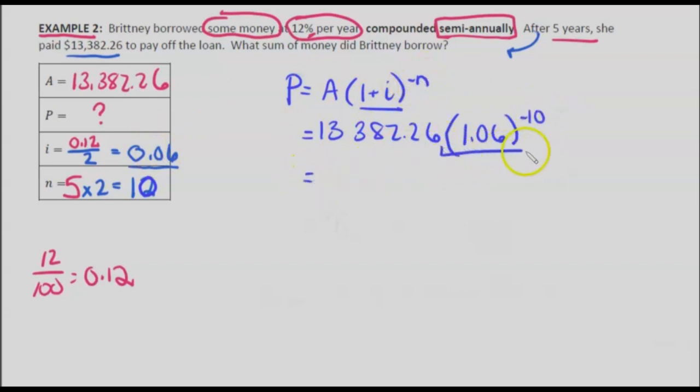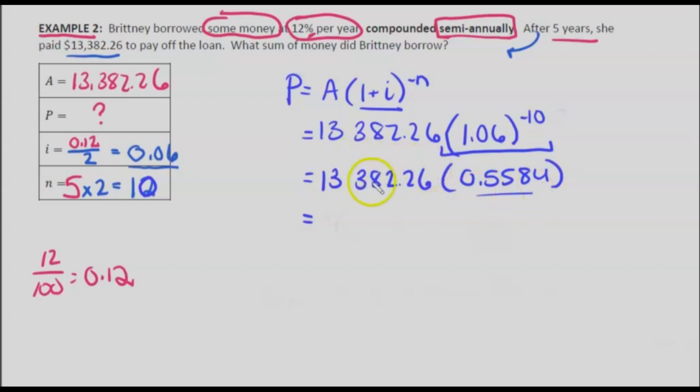Okay, so in BEDMAS, let's calculate the exponent first. Okay, so we're just going to copy down the original or the end amount, the future value. And then if we have 1.06 to the negative 10, we get 0.5584. Let's just round. Okay, I am going to leave that in my calculator, so the end decimals might be just a little bit different, but I get 7,472.58.